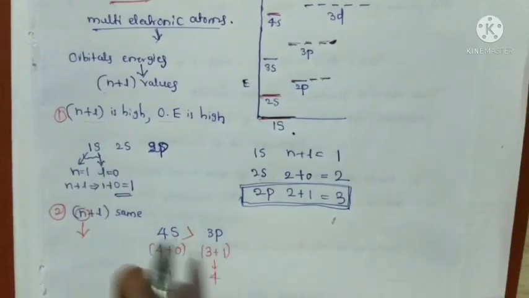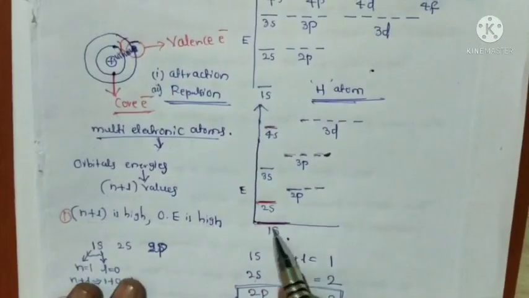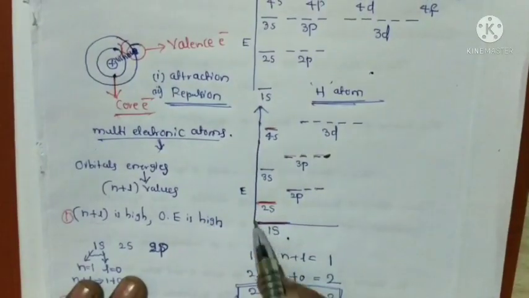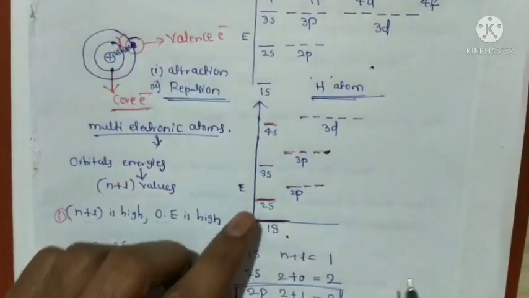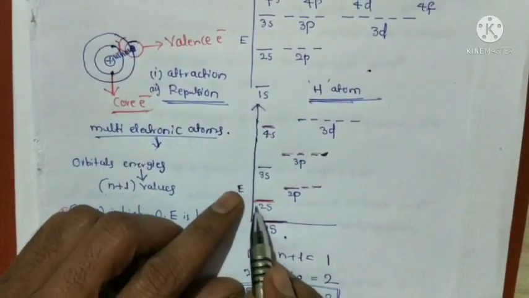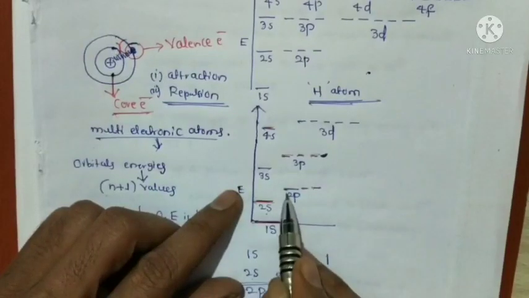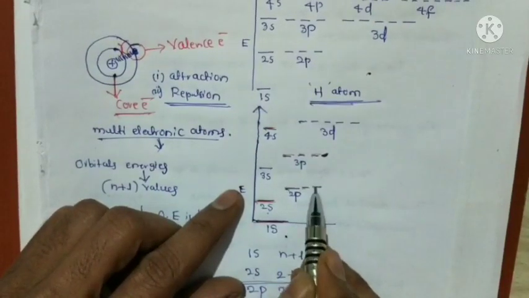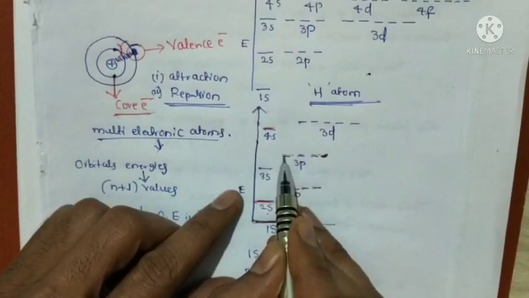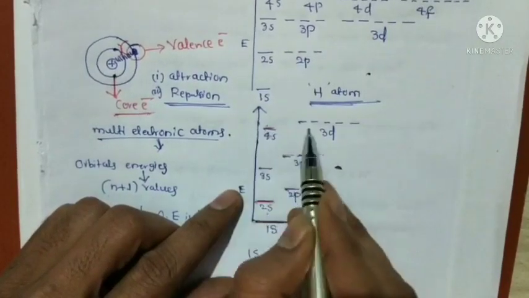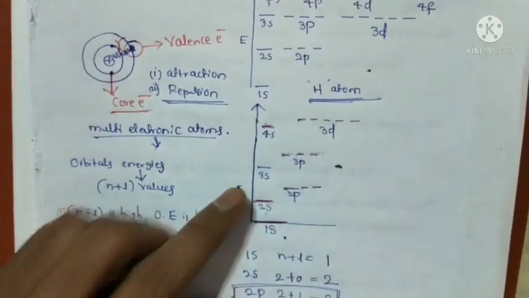So we can simply say that comparing the energies, the 1s orbital is low, and then the energy increases: next 2s, next 2p orbitals, next 3s and 3p, and 4s, 3d orbitals.